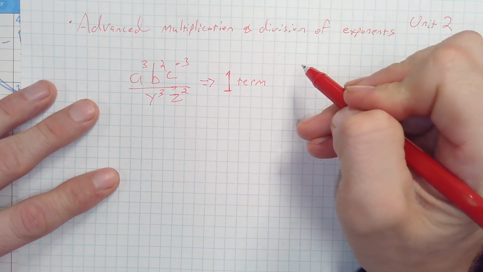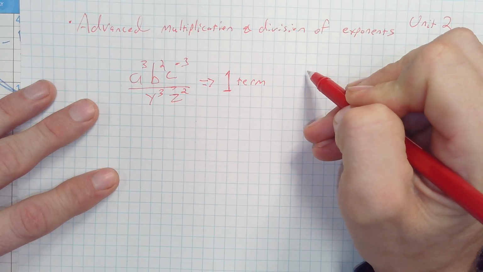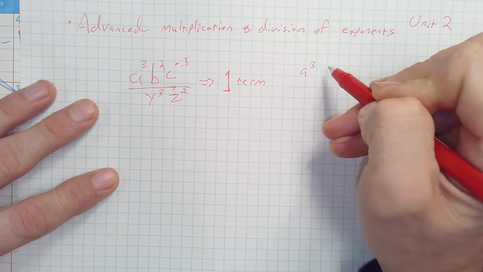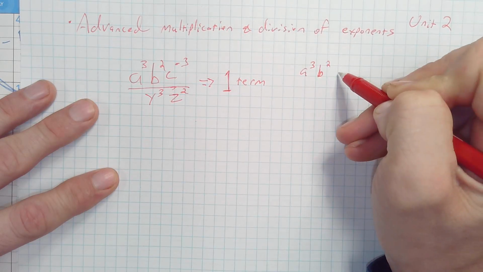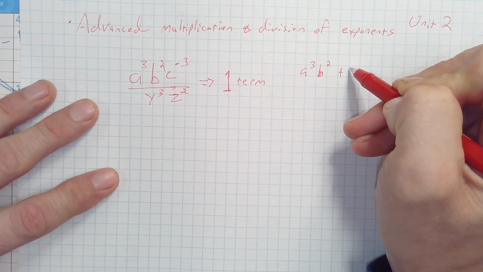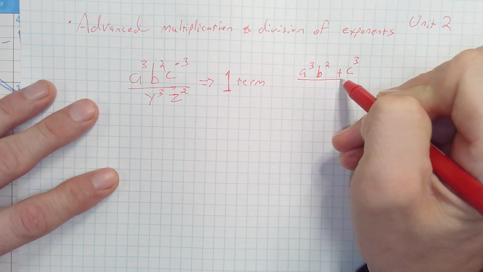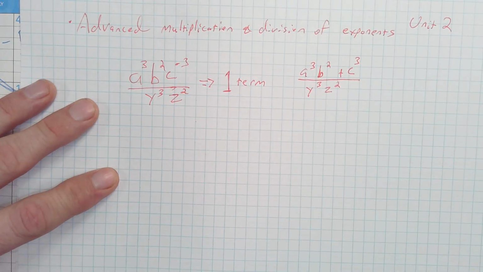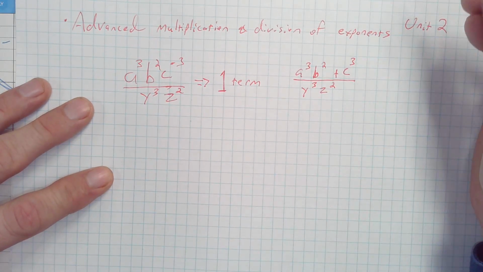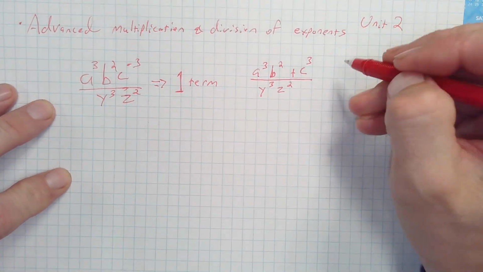Okay, now if I broke this up a little bit and said, here is a 3b squared plus c cubed, and this is all over y cubed z squared. My question now is how many terms do I have in this? Well, the answer is two terms.